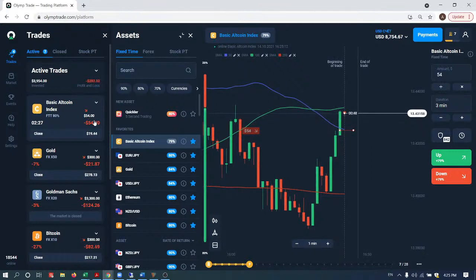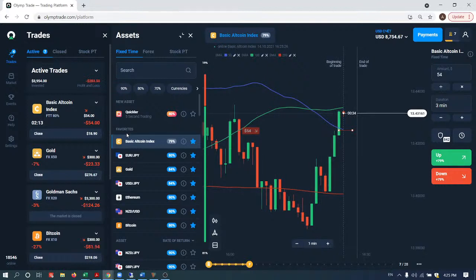And if my next trade closes in the money, that means that in just 3 consecutive successful trades, I turned $30 into almost $200.